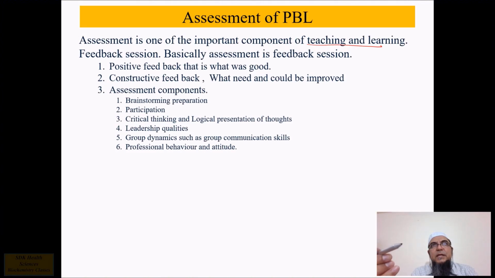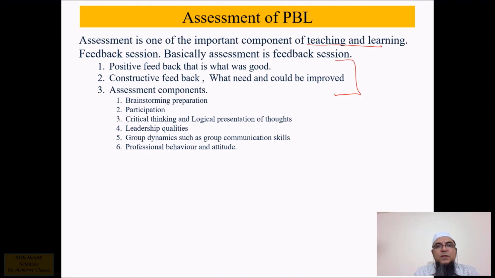In addition to this type of assessment, in some institutions this activity is graded as well, so there are marks for it. If this is a graded activity where marks are assigned and there is a weightage for it, then the assessment can be made keeping in view the following points.